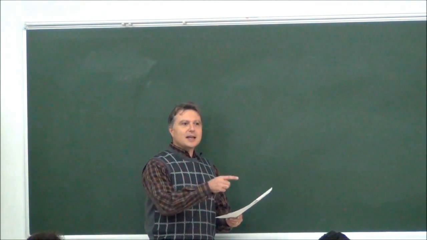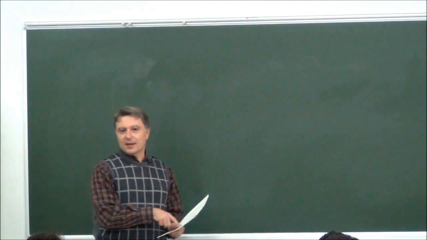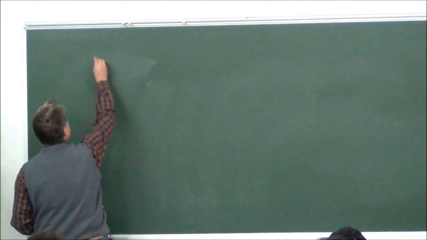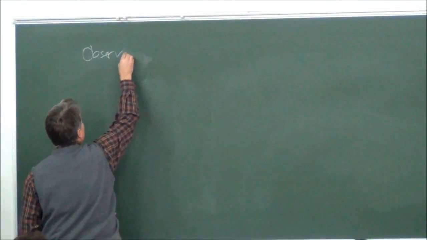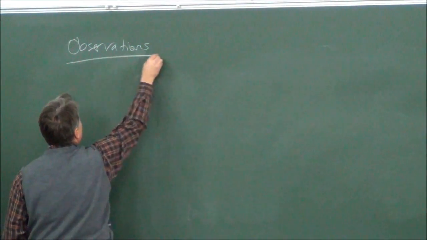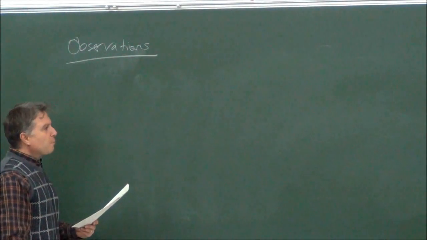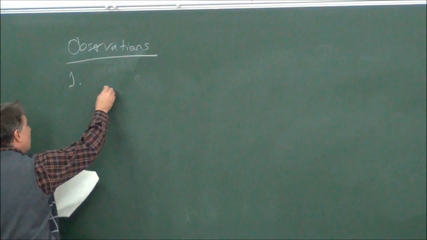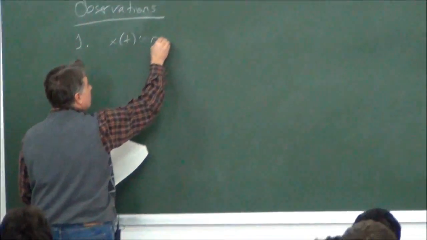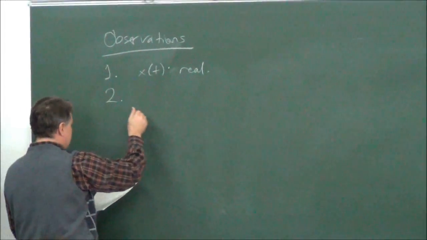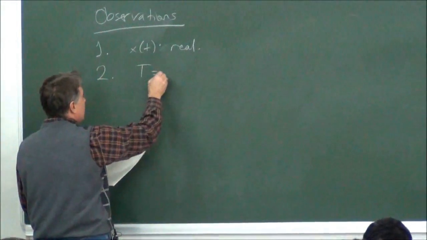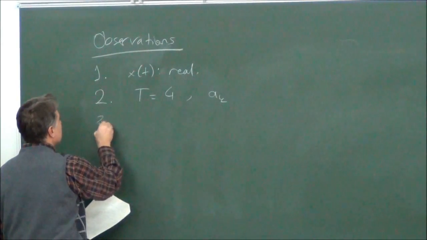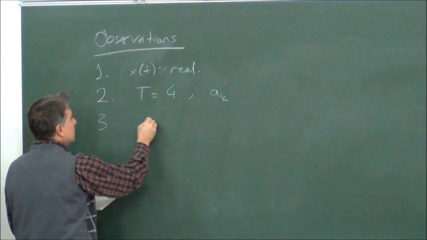For example, I'm not gonna ask you questions like this one, which we have started in the previous hour. What was that? We have some observations of a continuous time periodic signal, and the observations were that it's real and it's periodic with period equal to 4, and Fourier series coefficients are ak's.